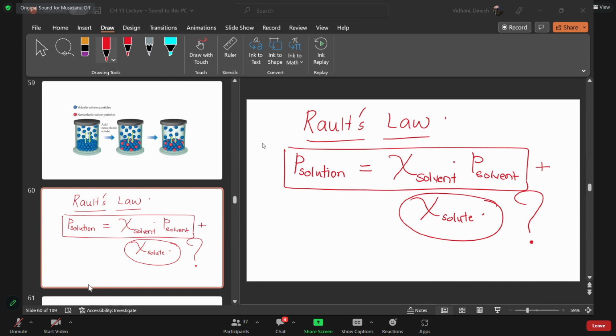So for those who think we need to use the mole fraction of solute differently than that, why do you think that? And for those who think we don't need to use them, why is that? So for now, we don't need to use that. But then when would we require to use that? To find the concentration of solute. Okay, I would think about that.